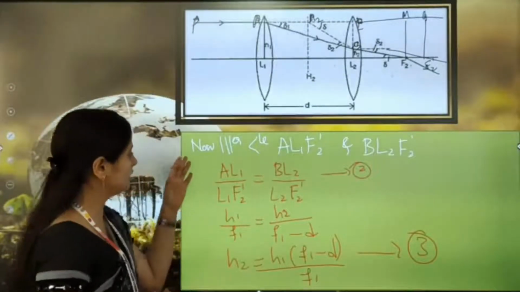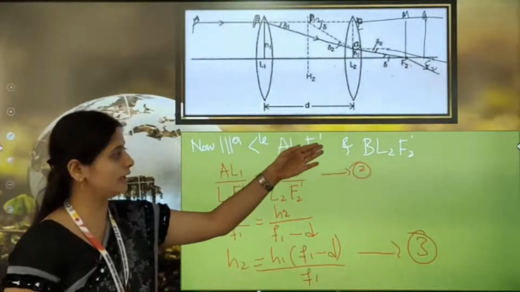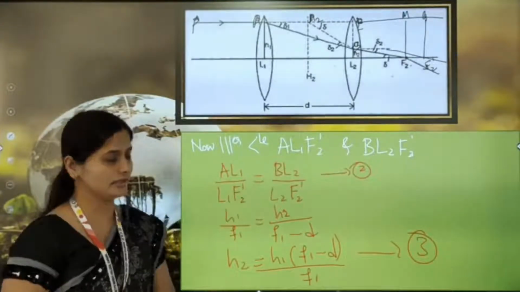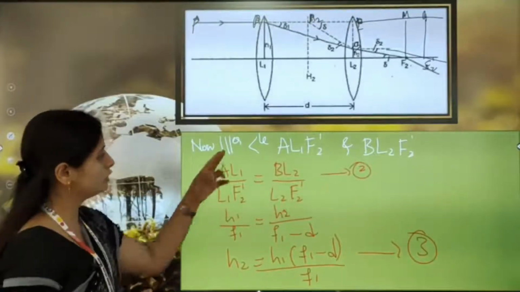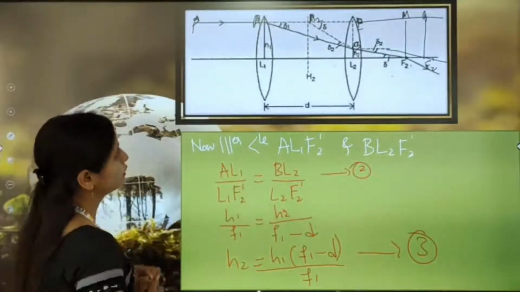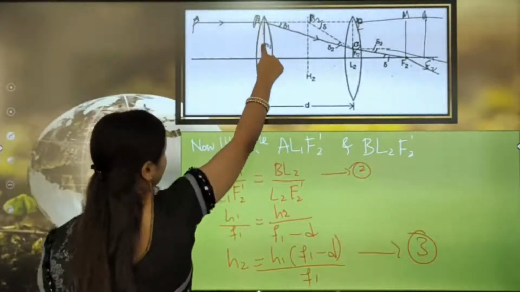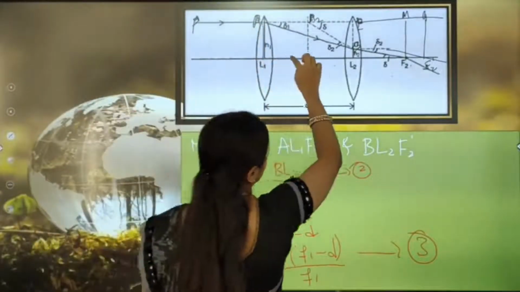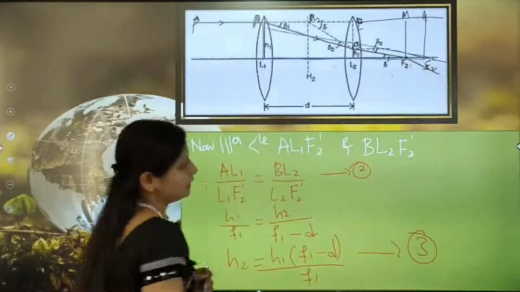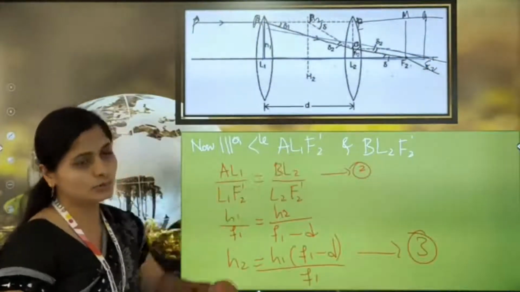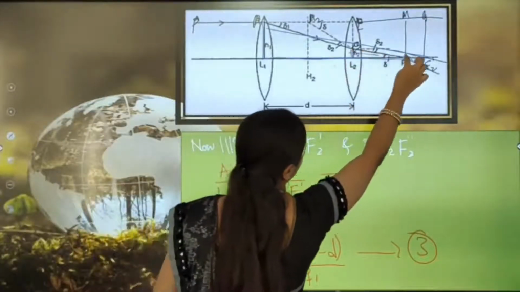Now see here. Now consider the similar triangles A L1 F2 dash and B L2 F2 dash. So we have to concentrate on two similar triangles. We have to consider this one triangle first, A L1 F2 dash, and then B L2 F2 dash.